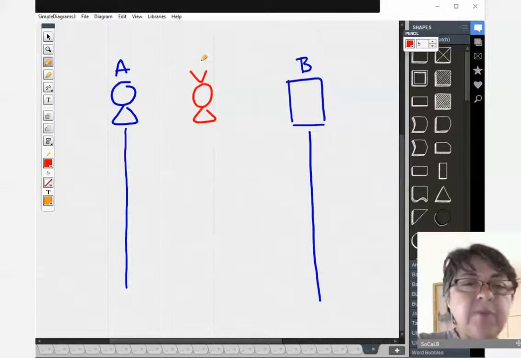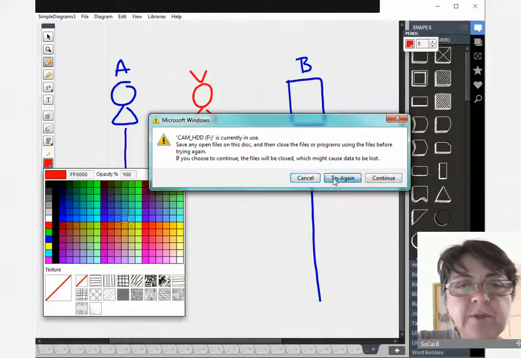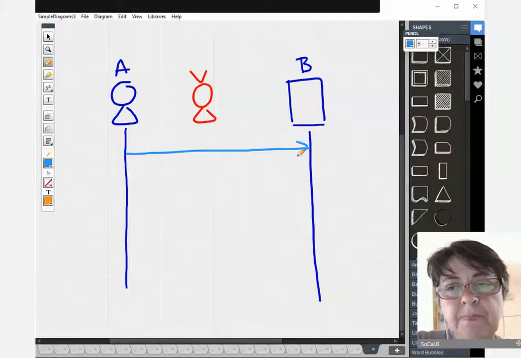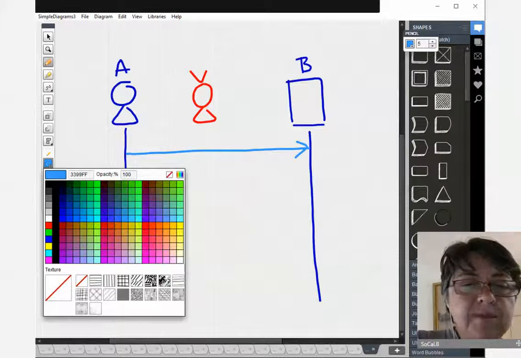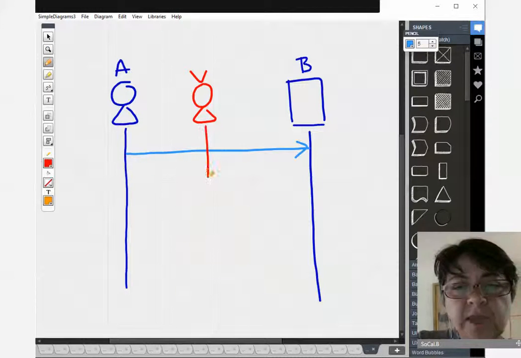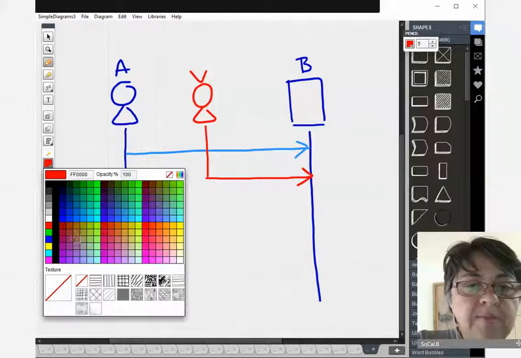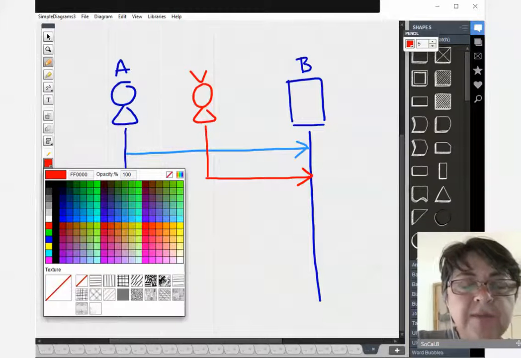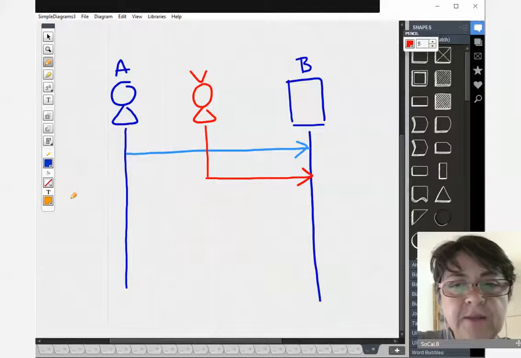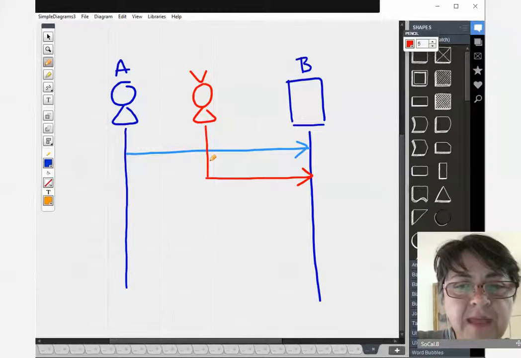We already have a session going on, and then the attacker takes over the session. When it takes over the session, B thinks that it is A. So B thinks that it's A.